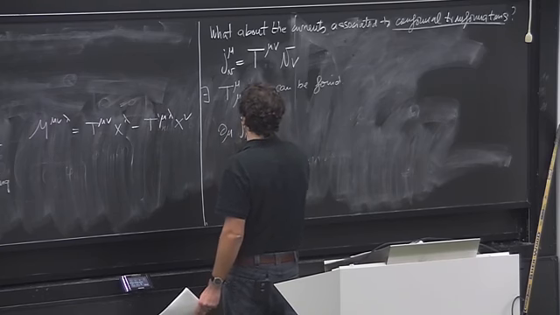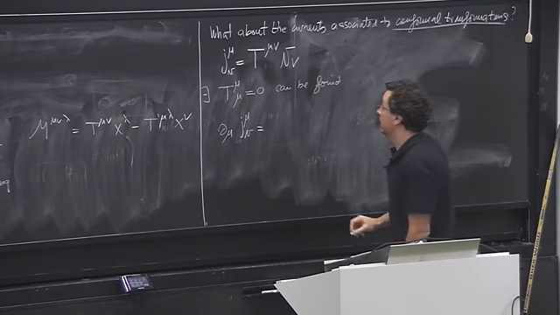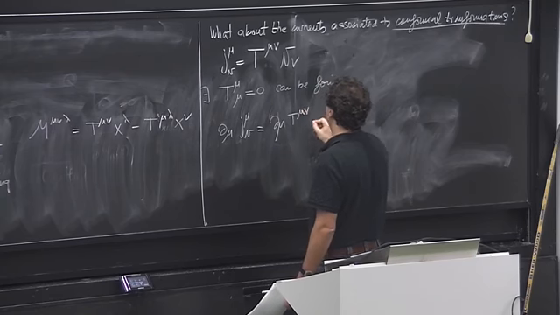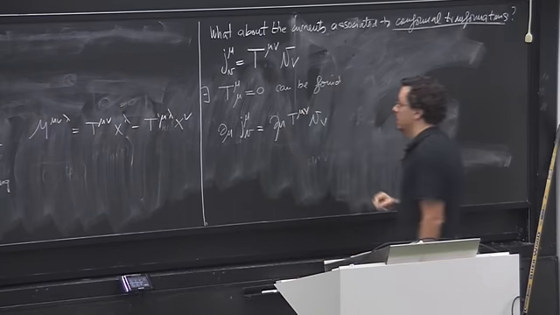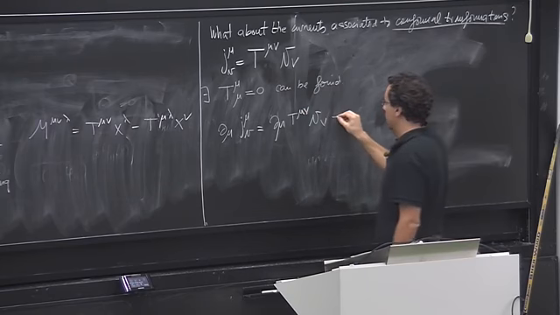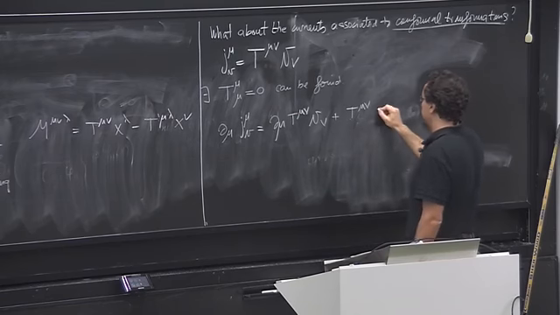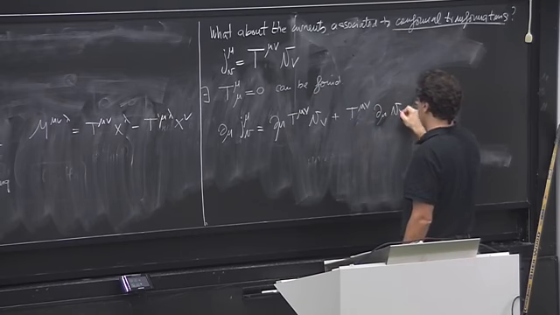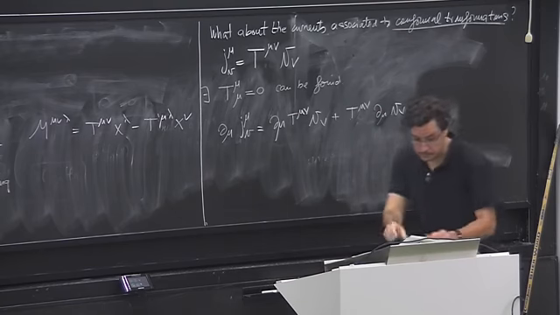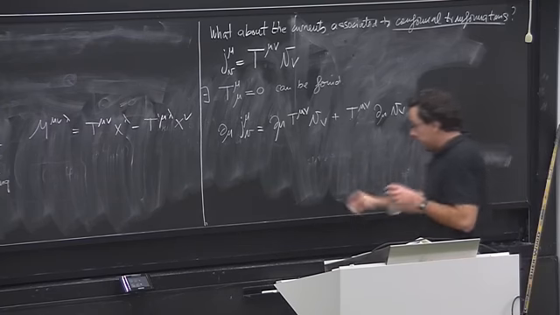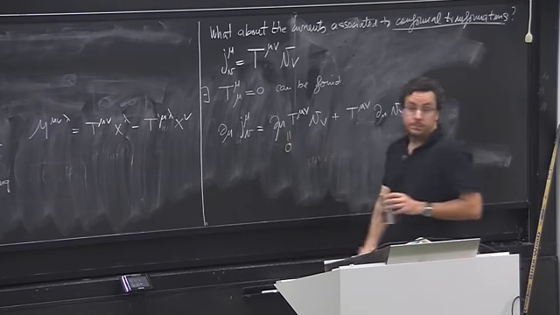So let's compute the divergence of the current. So I have the divergence of the stress tensor, times V nu, plus the stress tensor times the divergence of the vector field V, okay? Now, this term vanishes. Why?